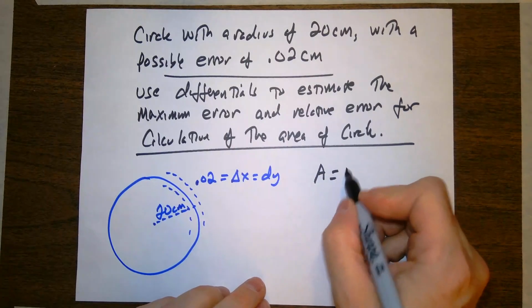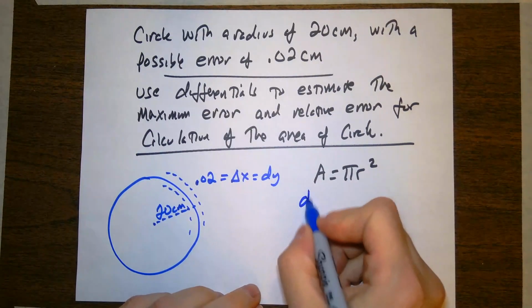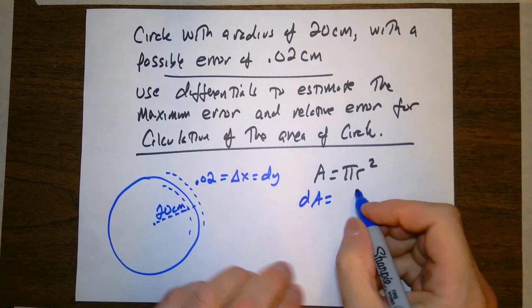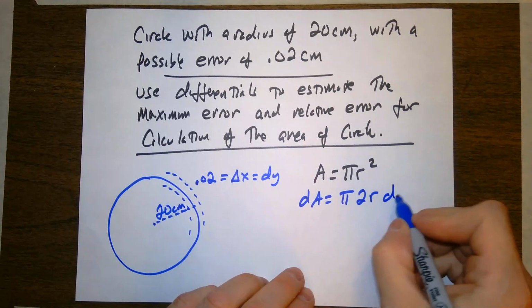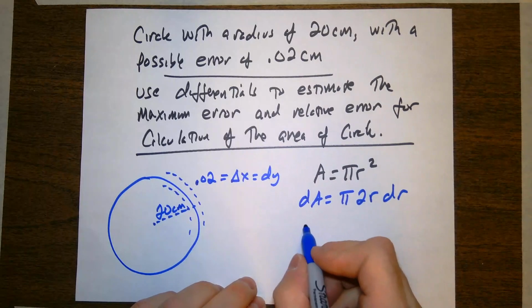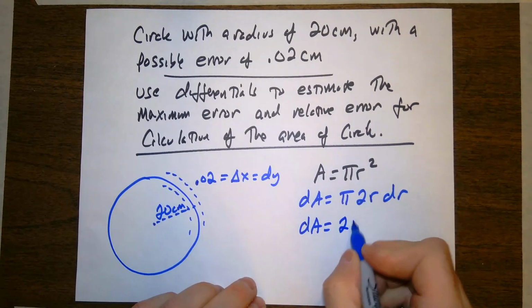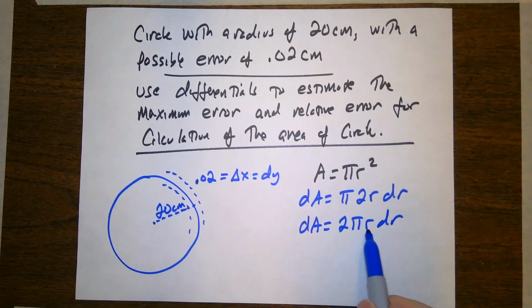All right, calculating the area of a circle. Area equals pi r squared. Take the derivative of this, and I'm going to use differentials here. So when I take the derivative, I'm going to have dA equals, pi is a constant, pull that out, pi times 2r dr. If I simplify this a little bit, dA equals 2 pi r dr. And I know what the radius is, and I know my possible error here.